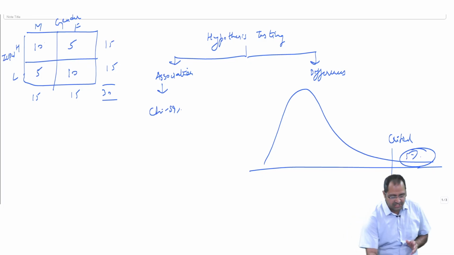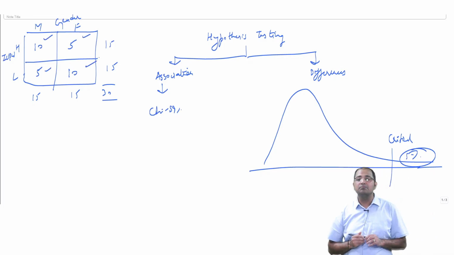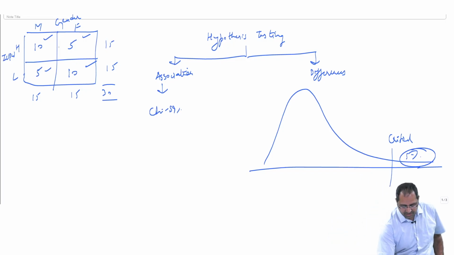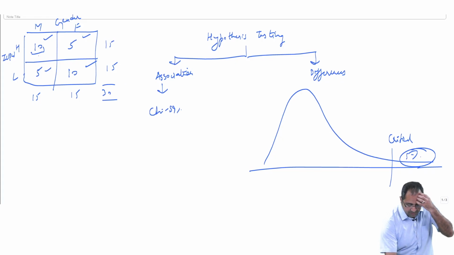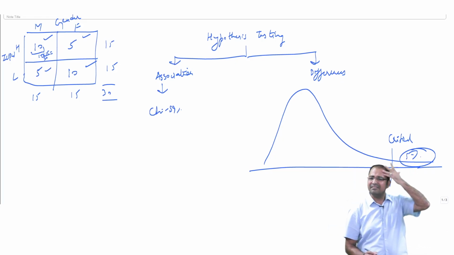When there is no association, the frequency in all four cells should be equal. It is calculated for the particular cell by multiplying the column total by the row total and dividing by the total number of respondents. So 15 into 15 divided by 30 will be how much? 7.5?